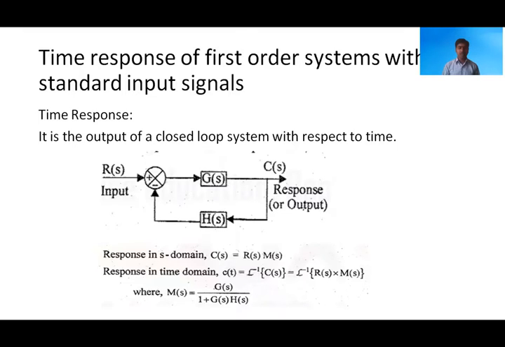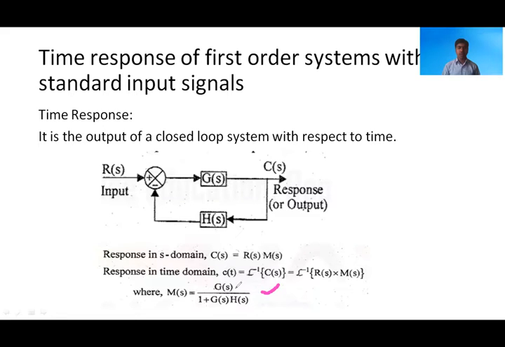In this example, the system transfer function is given as M of s. Since it is a single closed loop system, the transfer function of the closed loop system is M of s equals G of s by 1 plus G of s into H of s.